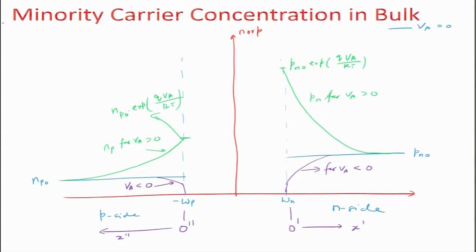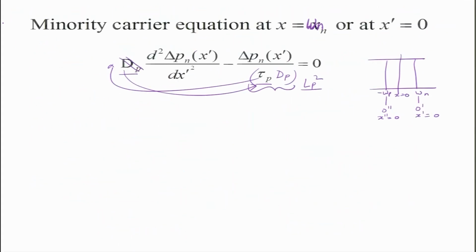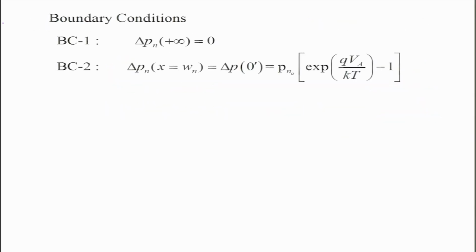So then we solve the minority carrier equations. We had this minority carrier equation, and we just changed the reference from x equal to Wn to x prime. There is no need to do that, but it makes it a little simpler. You solve the differential equation, then apply the boundary conditions for both regions.